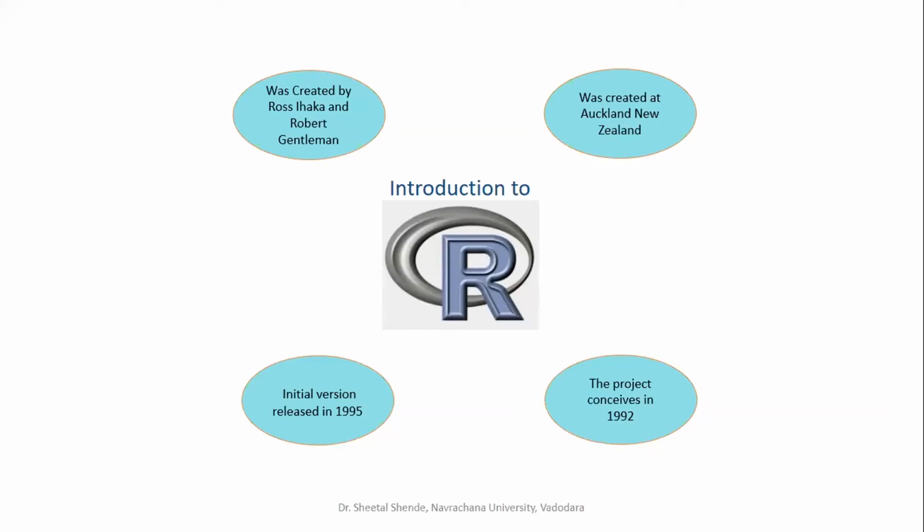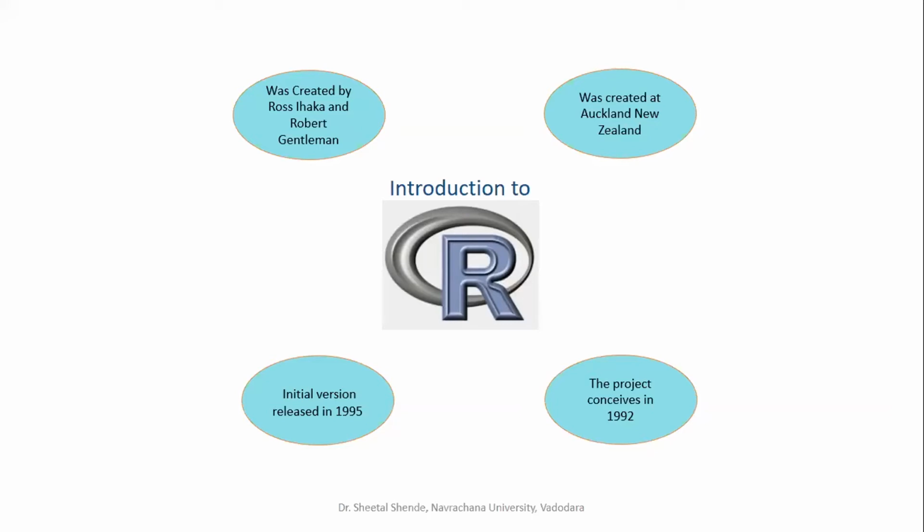GNU is the General Public License for R, which makes R open source, that is, free software. From the first letters of its creators' names, Robert and Ross, this language was called R. R is a programming language and software environment for statistical analysis, graphics representation, and reporting.